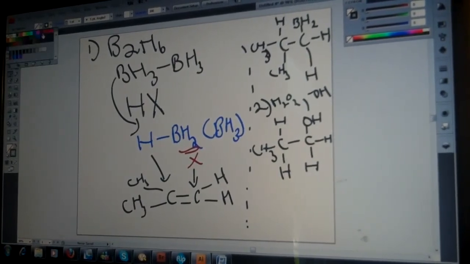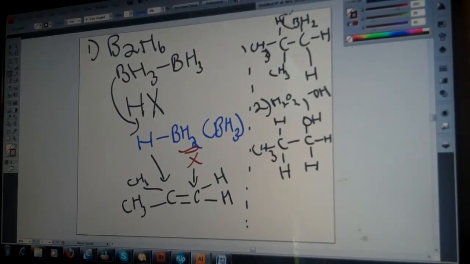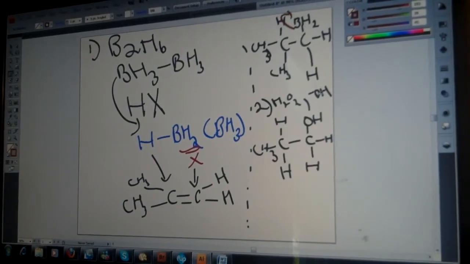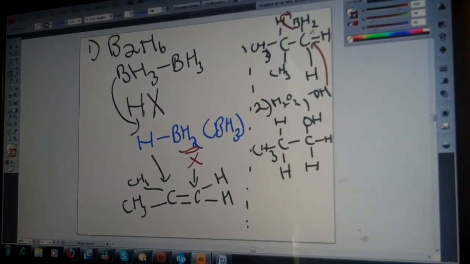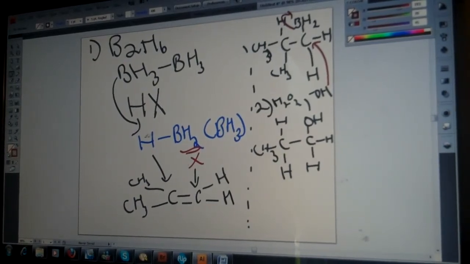I'll use a different color pen to show this leaves, and then I'll draw the arrow here, the OH replaces it. So this is it for this type of question.